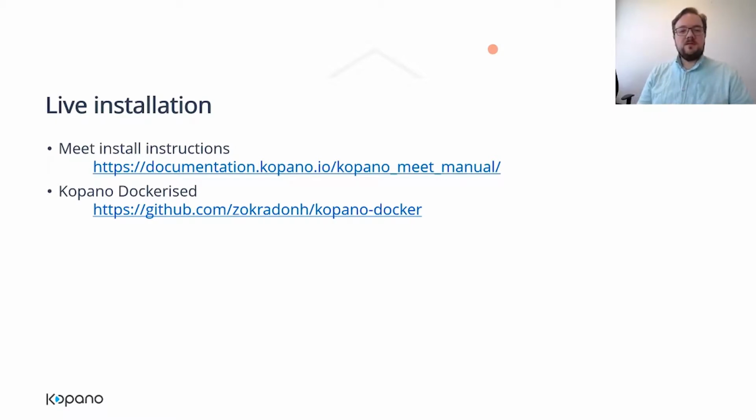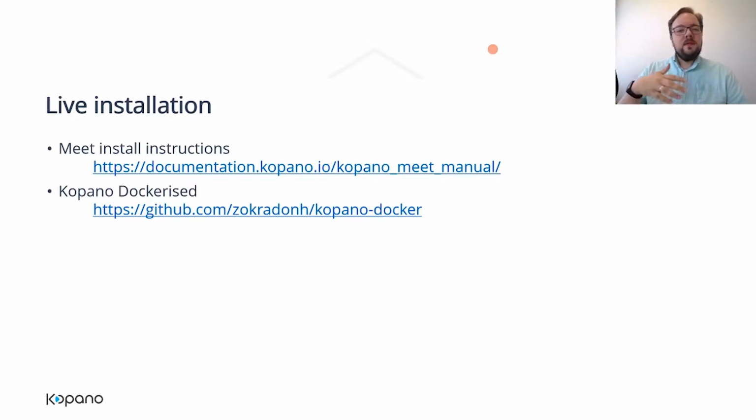Which brings us now to the question round, and I already got one question forwarded from Jörg. Will the license of Meet be included in the Kopano serial? And that's actually not such an easy answer. So in the past we had different subscriptions, or we still have different subscriptions: Basic, Pro, and Enterprise.